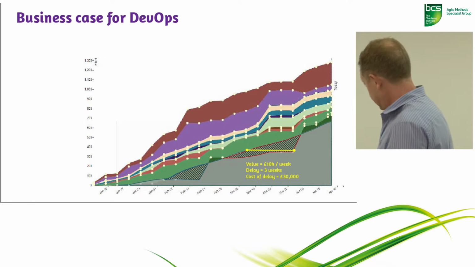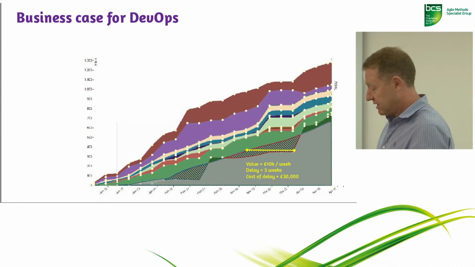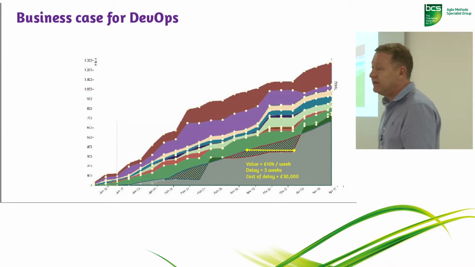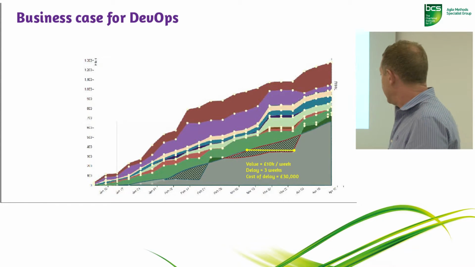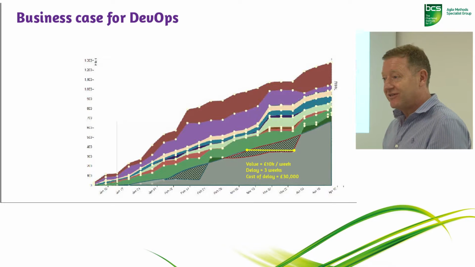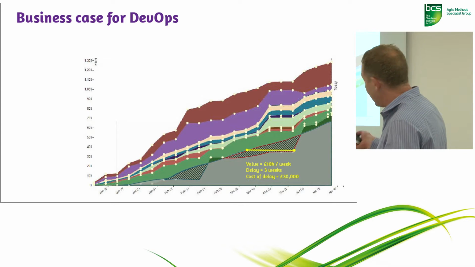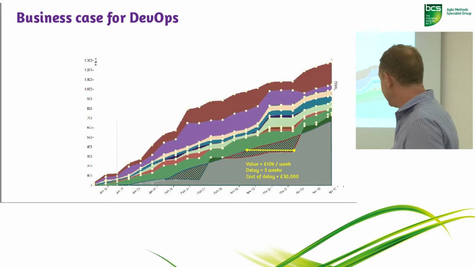So if we look at that, better DevOps looks something like that. It's more frequent delivery into live rather than this step change into live through infrequent delivery. What you can then do is sort of map out the bits that those are the value we've not gained by delaying the launch into live.